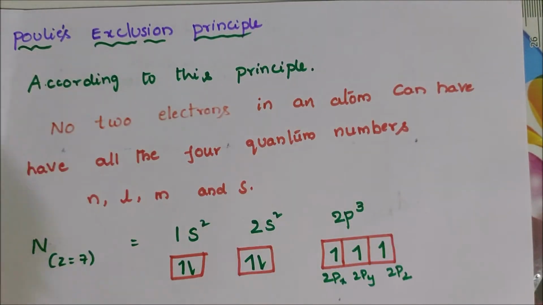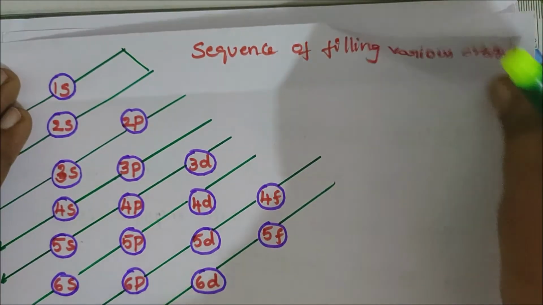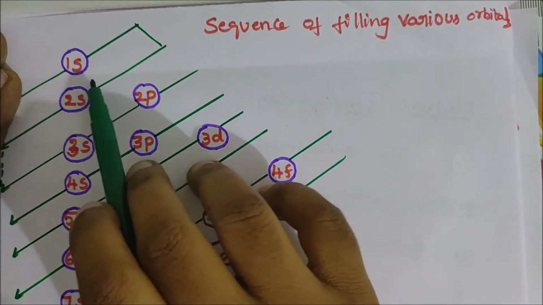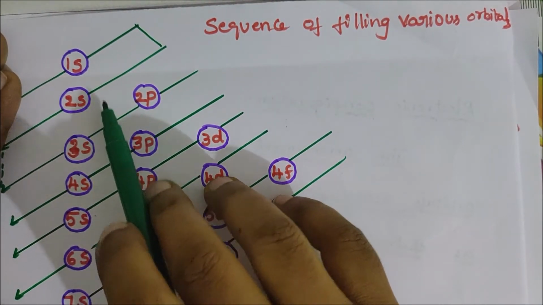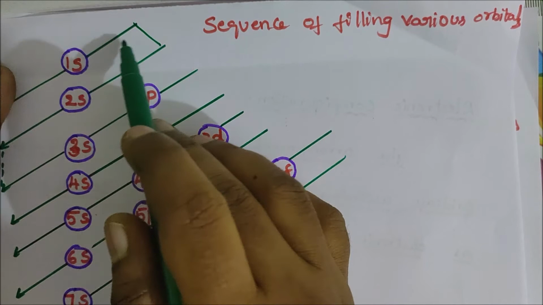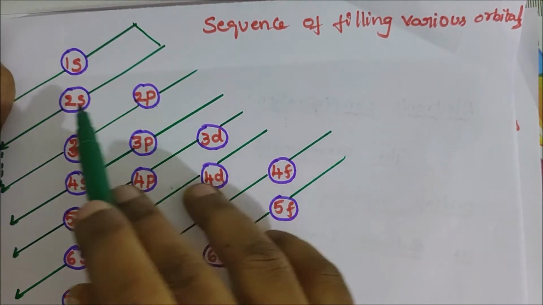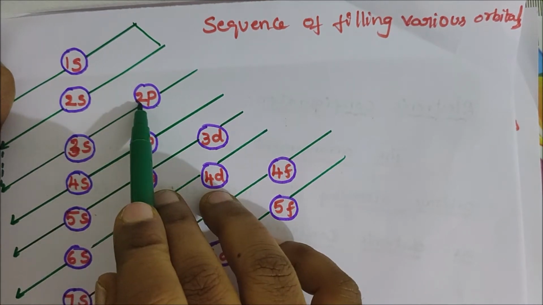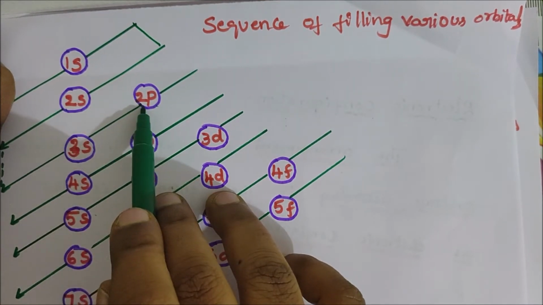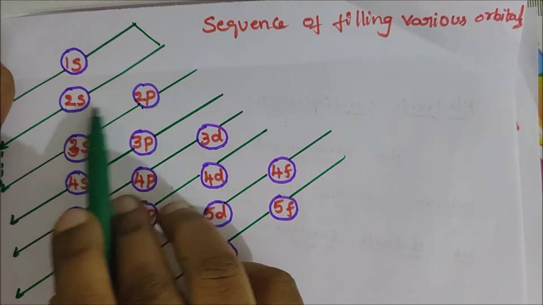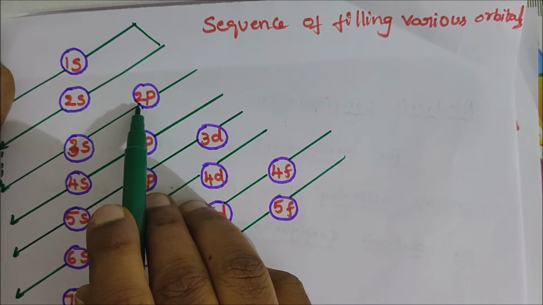The sequence of filling various orbitals is like this: 1s, 2s. Firstly the 1s orbital will be filled, next 2s, and then 2p. The n value, that means the principal quantum number, denotes the energy of the orbit.